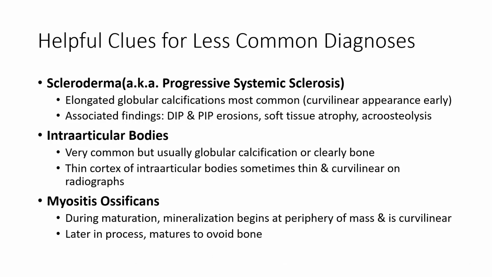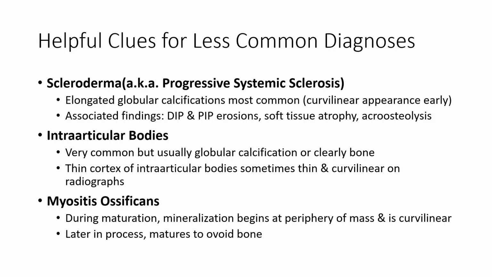Helpful clues for less common diagnoses. Scleroderma: elongated globular calcification is most common, with associated findings of digital tuft erosion and soft tissue atrophy across all digits. Intra-articular bodies are very common but usually globular calcification or clearly bone.